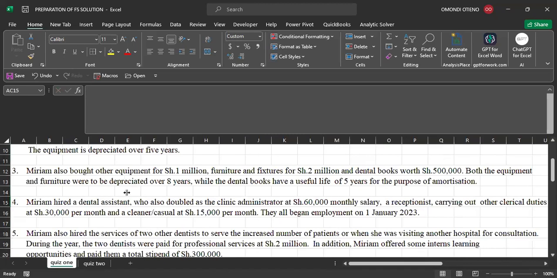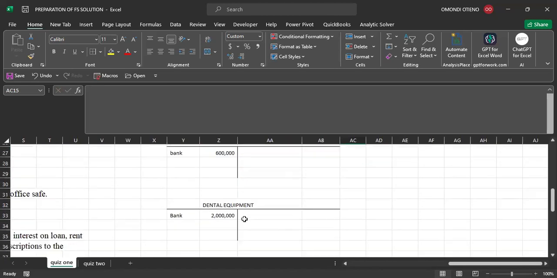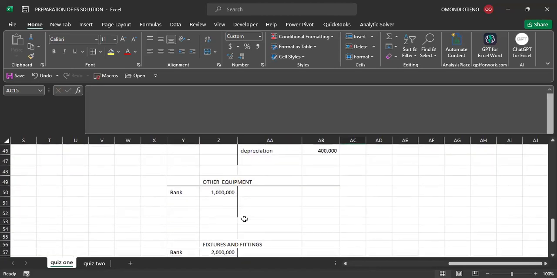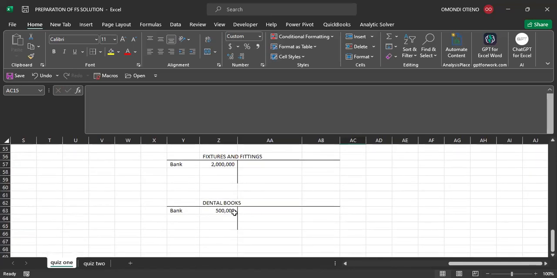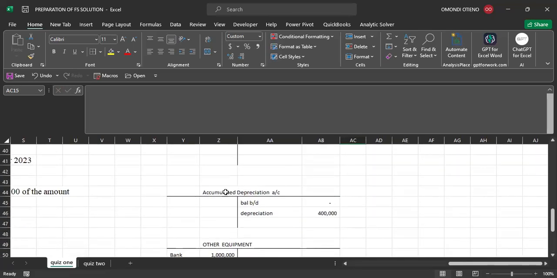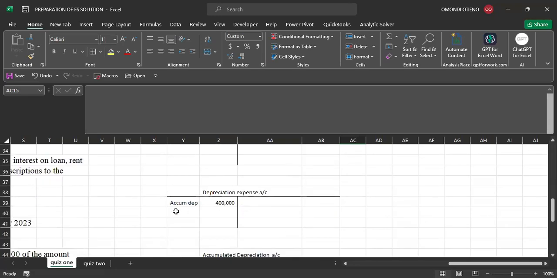Do you have anything in the name of depreciation? So both the equipment and furniture were to be depreciated over 8 years. So here, let's assume accumulated depreciation is for all the assets. We come to the depreciation expense here, and we take it again to accumulated depreciation.